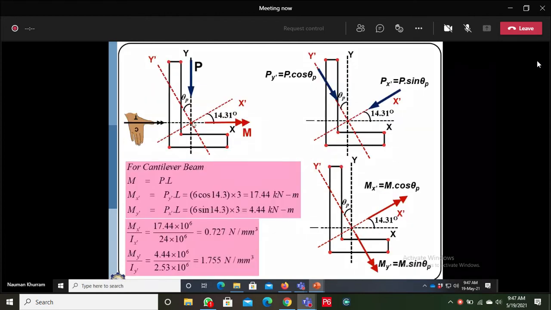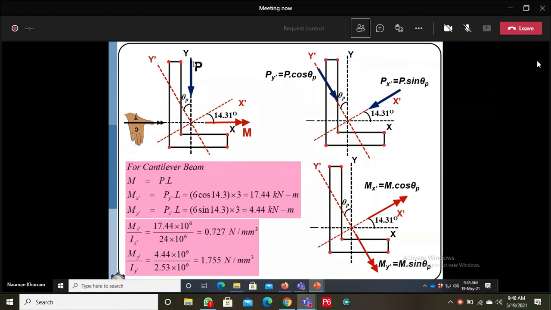The load is acting in the downward direction, or along the y centroidal axis, and this y centroidal axis is not the principal axis. The principal axes have a different orientation with respect to the centroidal axes. So x bar has a deviation of 14.3 from the x axis, and the y principal axis has an inclination theta p from the y axis.